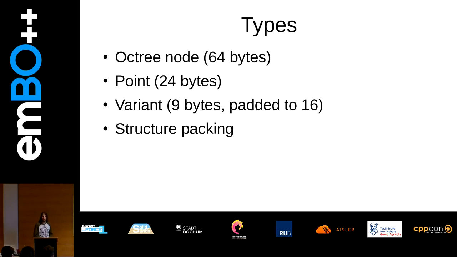And then the variant, because you need a structure which tells you which of the 2 types is stored beneath that pointer. That will be a tag byte and a pointer, but because of padding, because of memory alignment, it comes out to be 16 bytes.